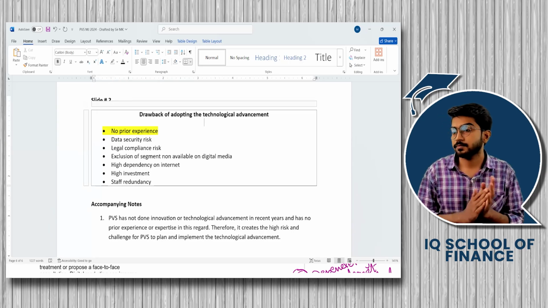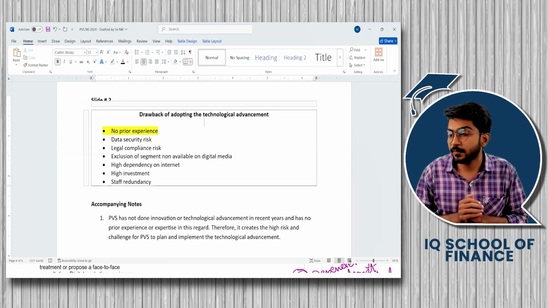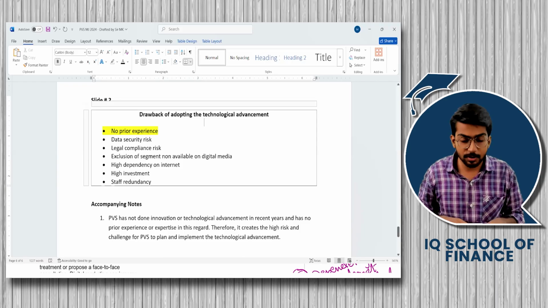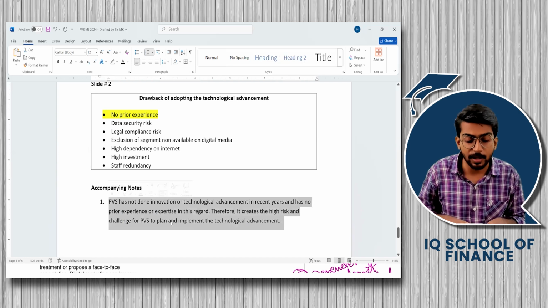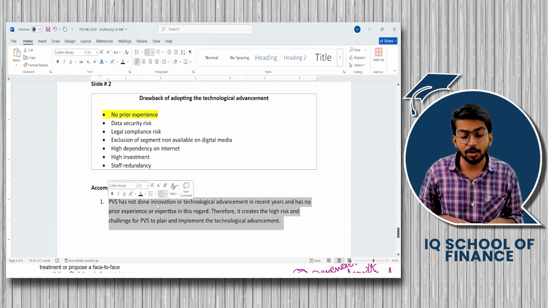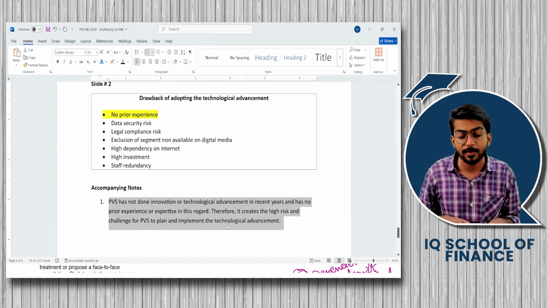Good point. So now see, you guys are coming up with the point along with the rationale or the reason. That is impressive. So this is the same which I have drafted, that PVS has not done innovation or technological advancement in recent years and has no prior experience or expertise in this regard. Therefore, it creates high risk and challenge for PVS to plan and implement the technological advancement.